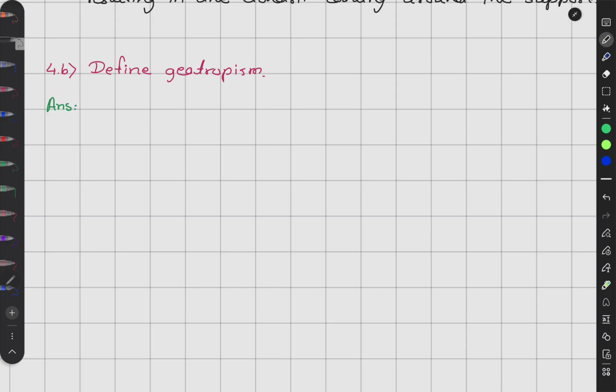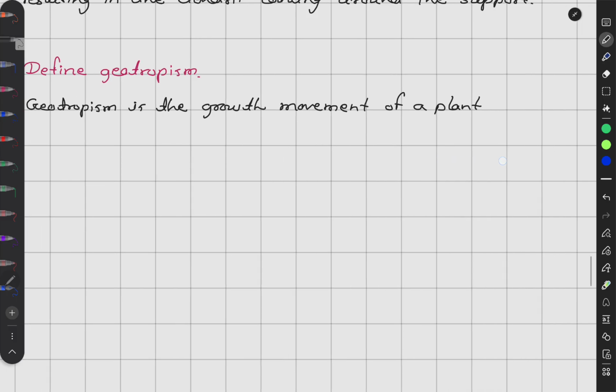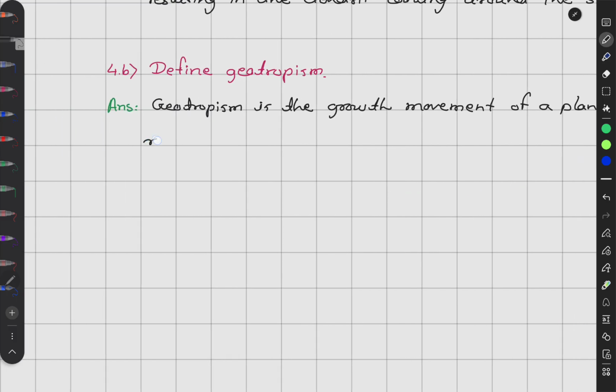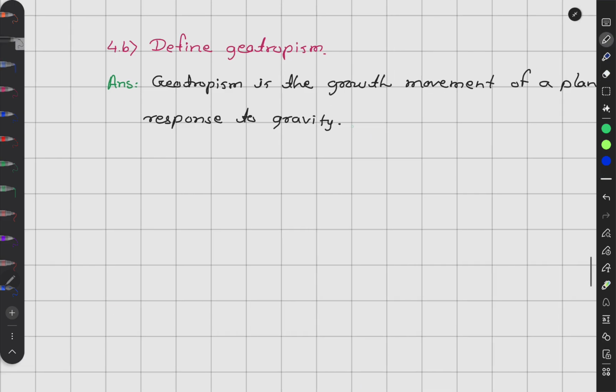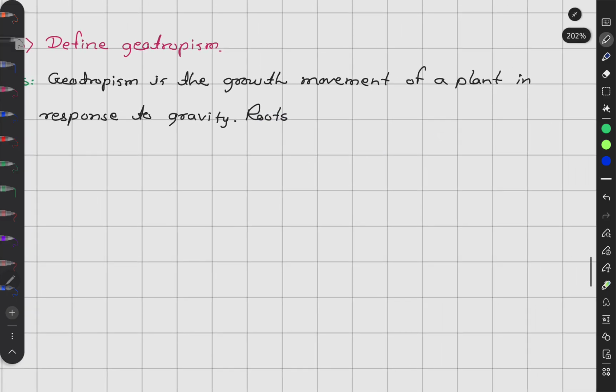And the answer is: geotropism is the growth movement of a plant in response to gravity. Roots show positive geotropism.